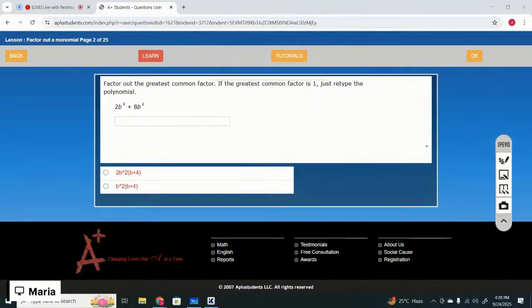That is 2b squared times b plus 4. Option number 1 is the correct option.